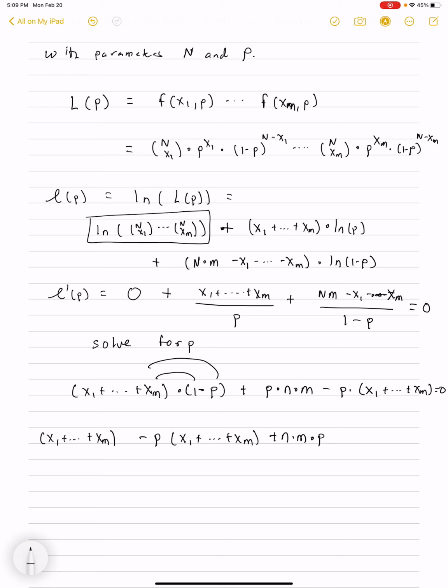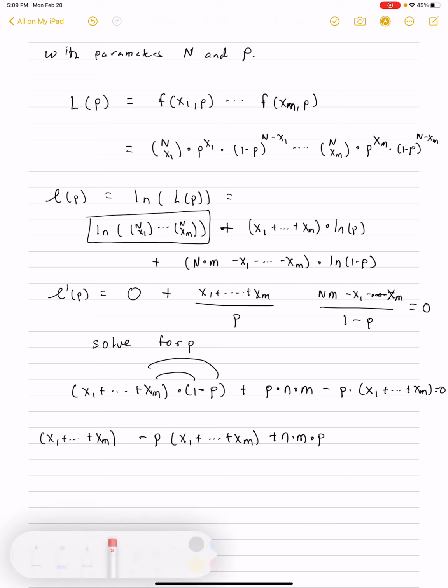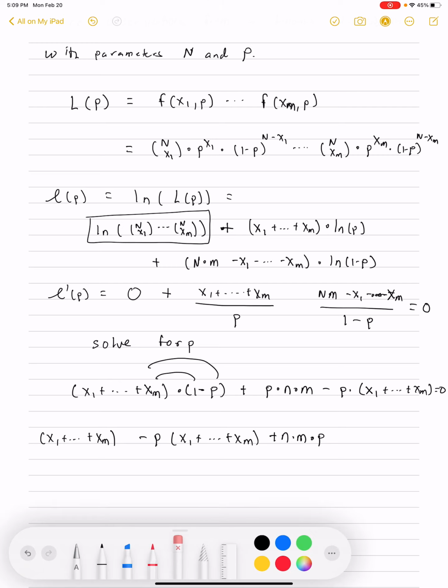One thing that I want to point out is that I made a tiny mistake. This tiny mistake was in the derivative. When I took the derivative of that last term, the derivative of ln of 1 minus p with respect to p, I multiplied by the derivative of 1 over 1 minus p, but I forgot the chain rule.